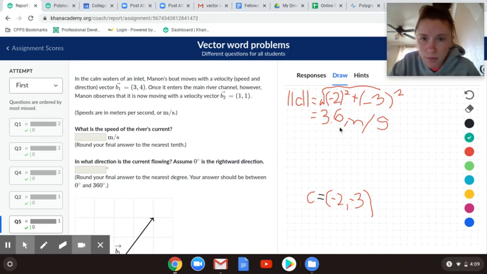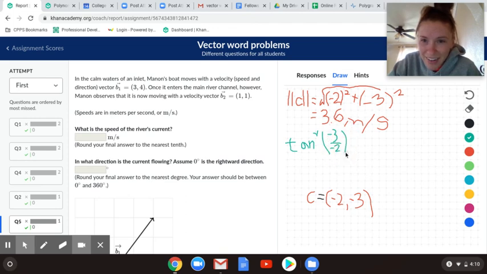So let's find that angle. Inverse tangent of my y value, which is negative 3, over negative 2.